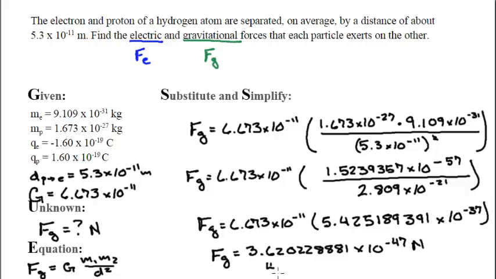And if I were to write that, it'd be 3.62 times 10 to the negative 47 newtons, or 3.62 e negative 47 newtons.